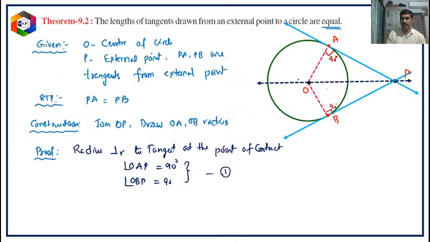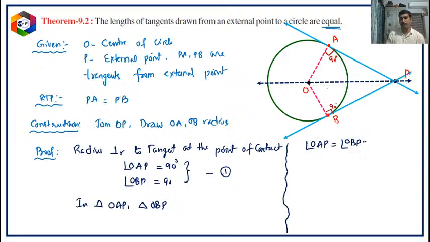Now let us consider these two triangles. What are the two triangles? In triangle OAP, triangle OBP, let us observe here. If you observe these two triangles, the first one is angle OAP is equal to angle OBP is equal to 90 degrees. These two angles are 90s. Observe children. Why?